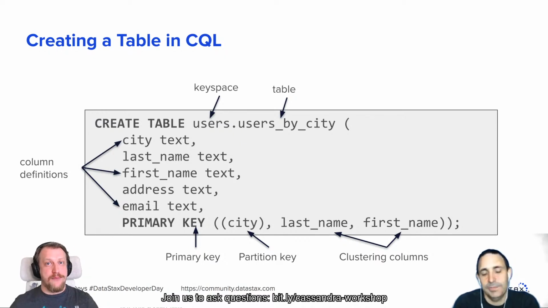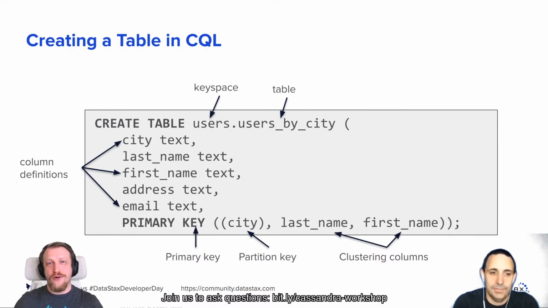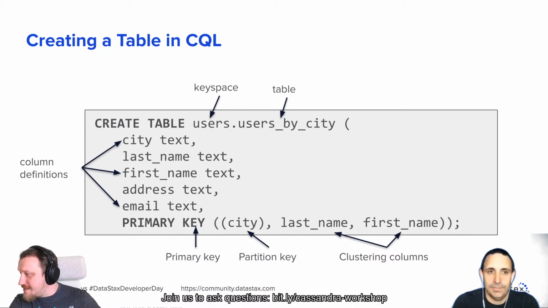Do not design your primary keys like that. Cassandra does upserts. We'll talk about it in a moment. Therefore, if you have a primary key like that, you will overwrite the information of your John Smith of New York every time you add a new one.